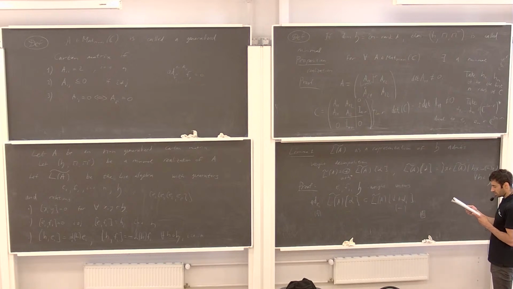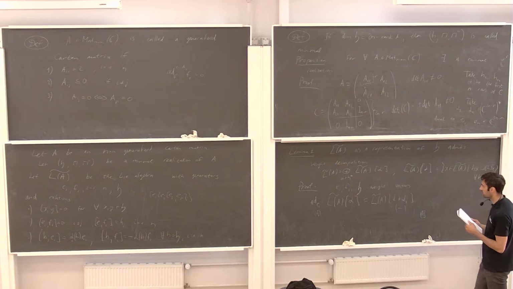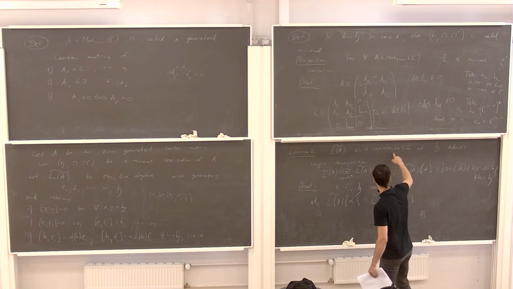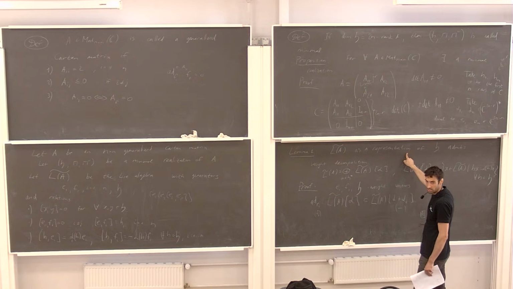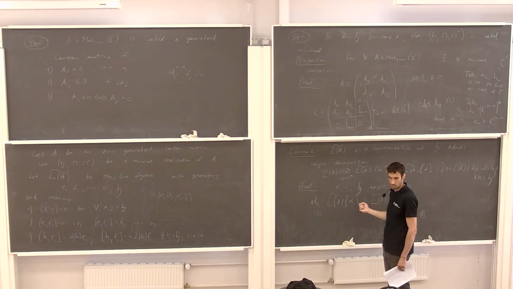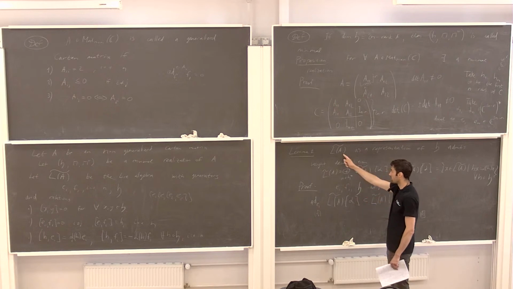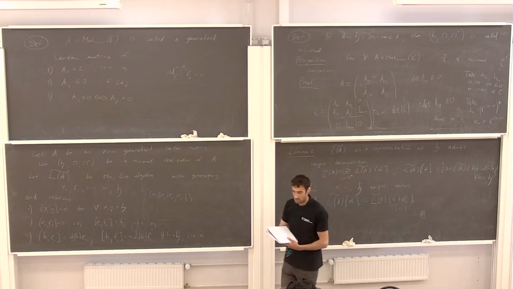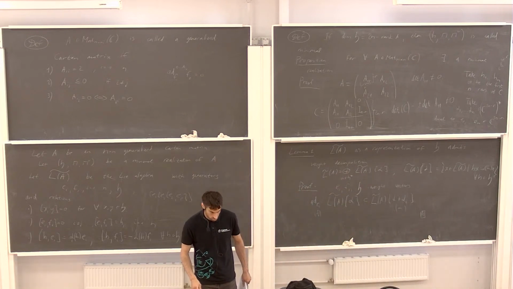But then we use that H is a subalgebra in L of A, and it is also finite dimensional. We proved in the seminar that if I have a finite dimensional commutative Lie algebra and a representation of it, then any subrepresentation also admits weight decomposition. Therefore, any ideal in L of A also admits weight decomposition for H. I suppose we proved it not only for finite dimensional representations.